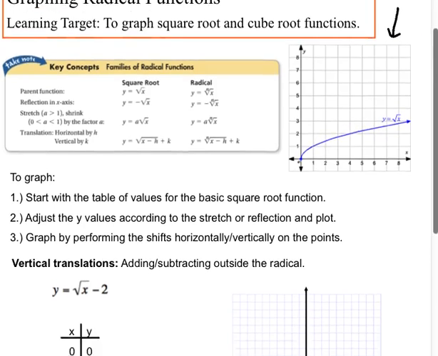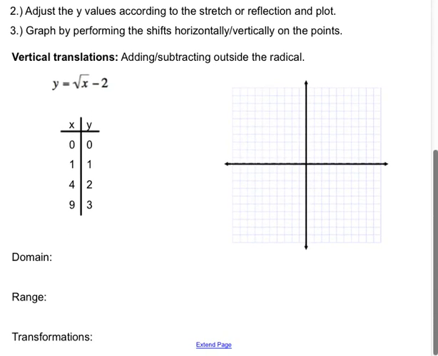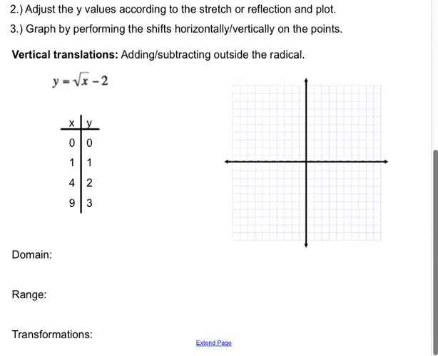Let's talk about how to take care of this. So let's start with a very basic one that's just a basic vertical translation. So you're always going to start with that parent function. Now, in this case, I provided the table for you. So the numbers you're going to use to begin with are always the same. You're going to be using 0, 0, because you know the square root of 0 is 0.